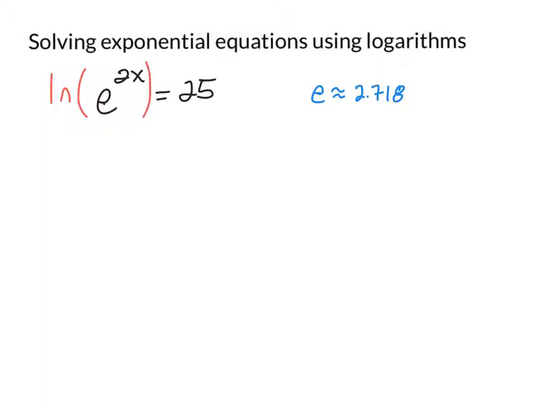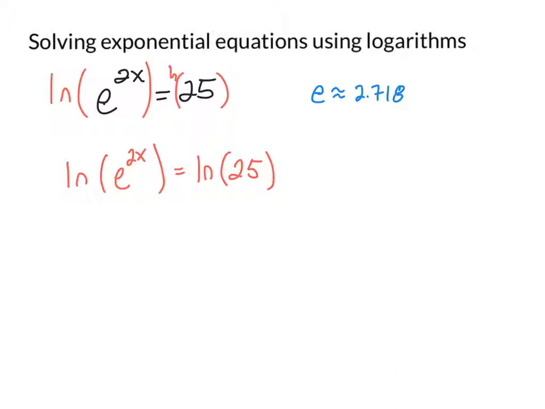So I'm going to take the natural log of both sides of this equation. On the left-hand side, I get the natural log of e to the 2x, is equal to the natural log of 25. If you recall, ln, an L and an N, stands for natural log, and the base of the logarithm is e.